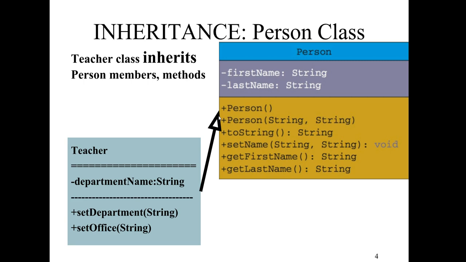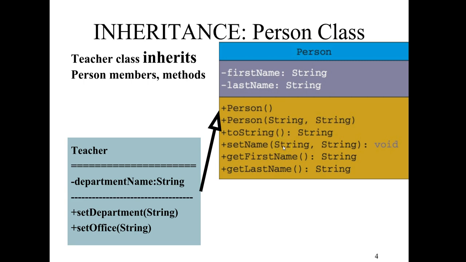And what that arrow means is there is a dependency. This teacher is undefined without knowing first what a person is. So a teacher extends the person class. And every person in our code has these members and methods. Just very general members and methods.